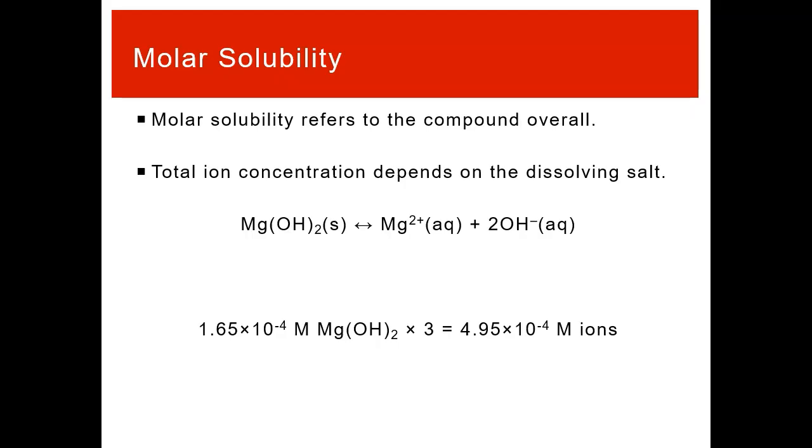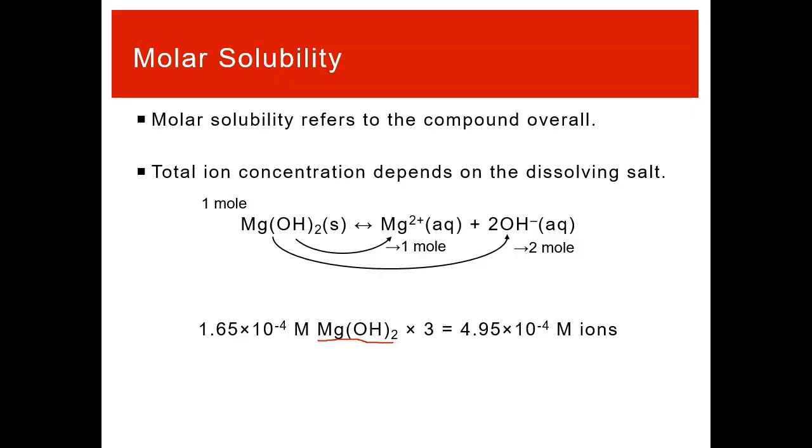So when we're talking about molar solubility, we always want to be mindful that we're talking about the overall compound. So when we're looking at something like magnesium hydroxide, when we say the molar solubility is 1.65 times 10 to the negative 4th molar, that's a description of the number of moles of the compound magnesium hydroxide that we could get to dissolve in 1 liter of water. We know that when magnesium hydroxide dissolves, each mole makes 1 mole of magnesium and 2 moles of hydroxide.